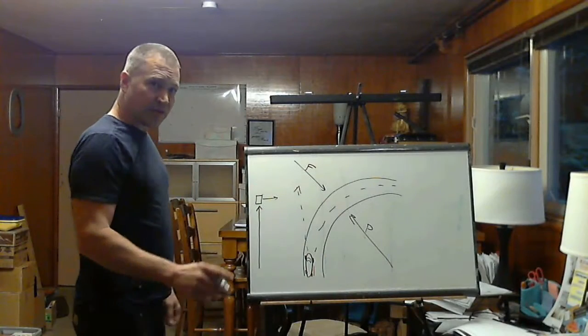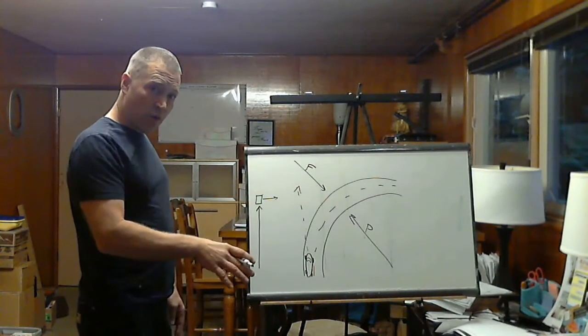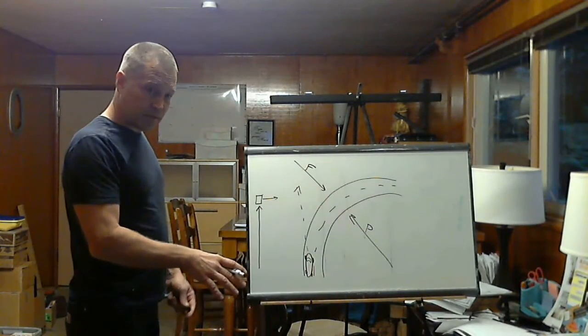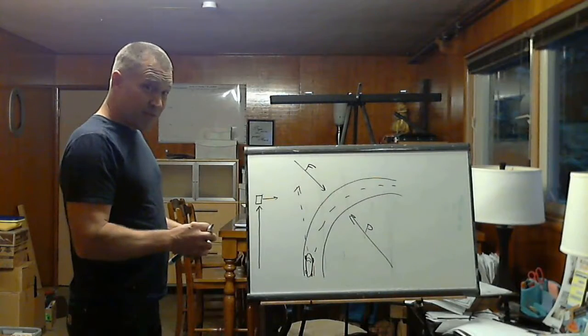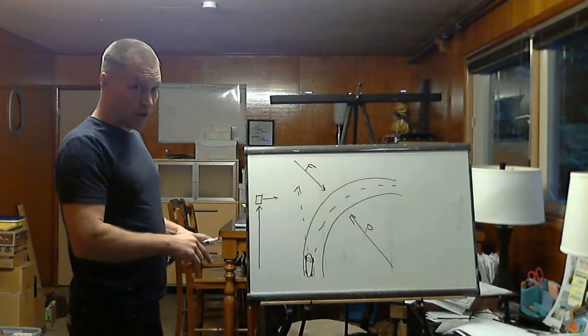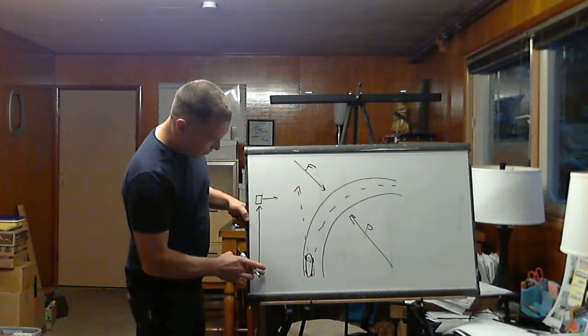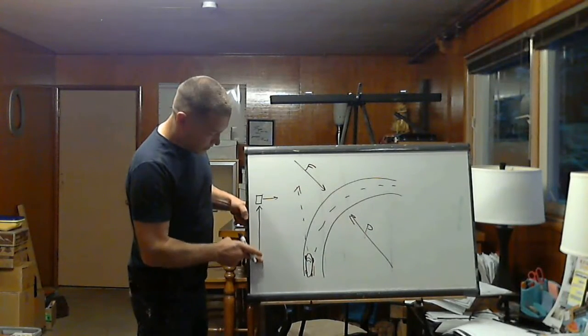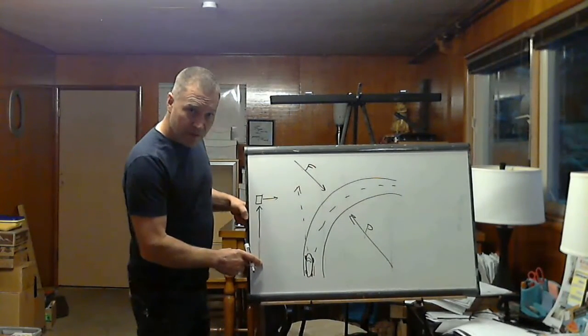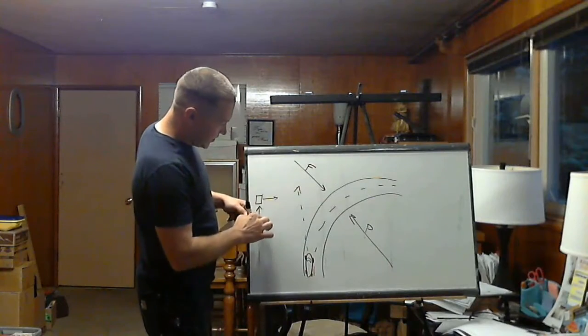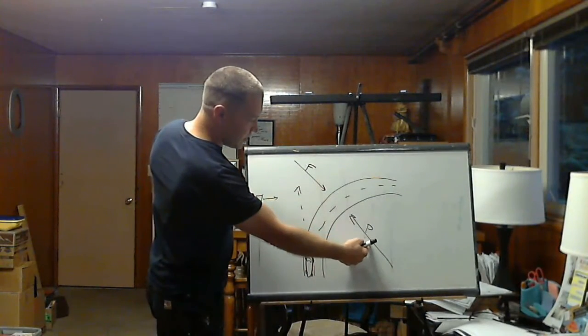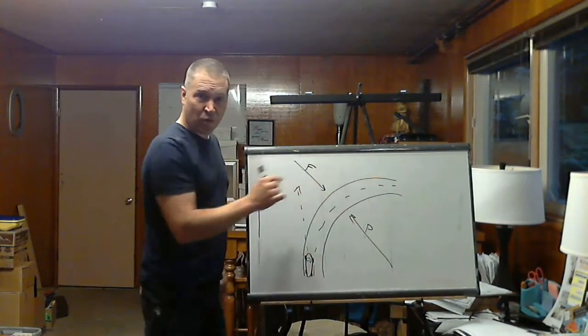Now, here's the thing. If you're going into a corner too fast, sometimes it's better to just hang on and go through the corner. Because if you hit the brakes and reduce this, that is increasing the push off the corner.